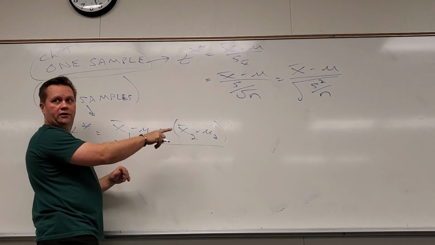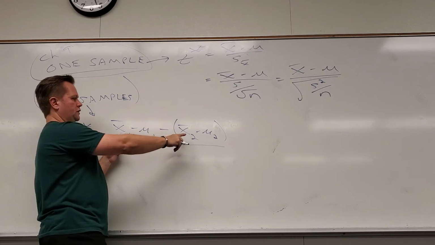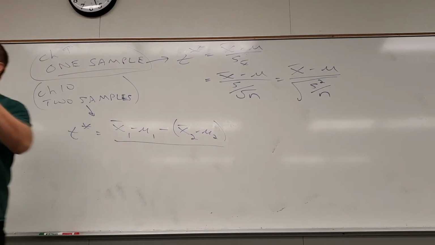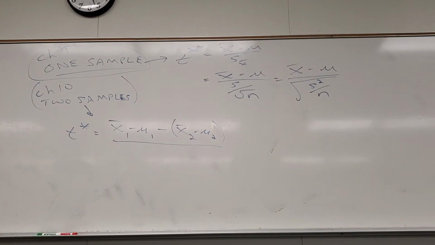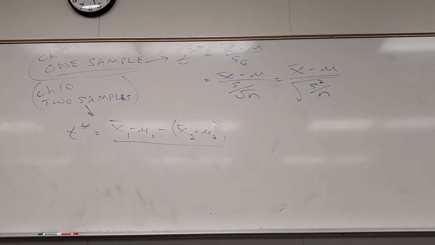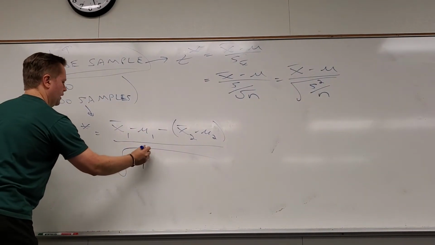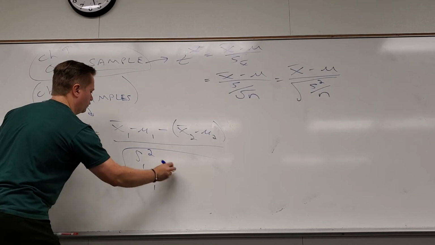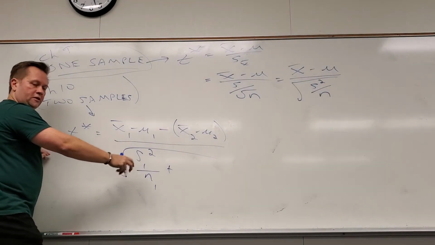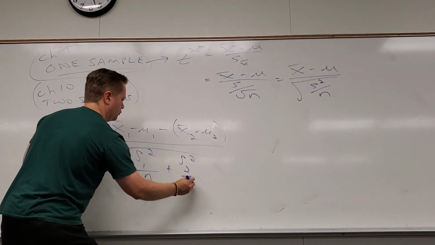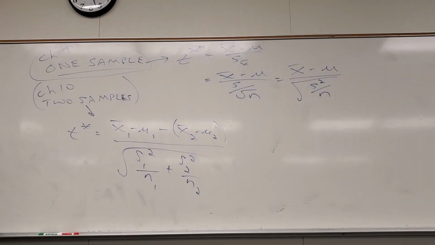You see how it just doubled everything? There's two sample means. What would the two populations be for this? The population of everybody who takes Tylenol and the population of everybody who takes my drug. That's the two mu's. X bar 1 would be what I see in my sample for the Tylenol. X bar 2 would be what I see in my sample for my drug. Divided by a big square root. So now I'm going to have two S's, S1 and N1 for my Tylenol people, and S2 and N2 for my drug people.